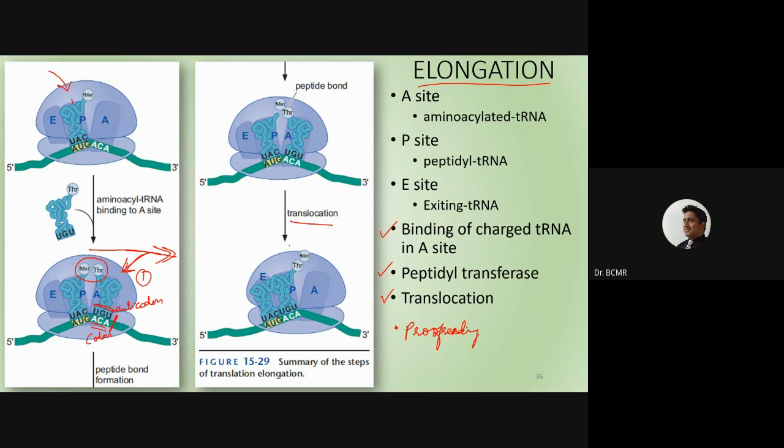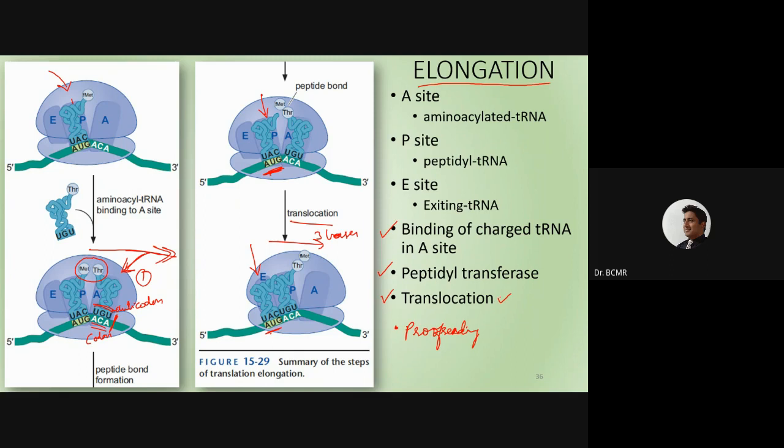Translocation is the name given to when the ribosome, in the previous time we had here, for example, in the P site, the initiator tRNA is there. Now the tRNA is in the A site. That means the ribosome has moved by 3 bases. That process is called translocation. We also use the same word, translocation, somewhere else.